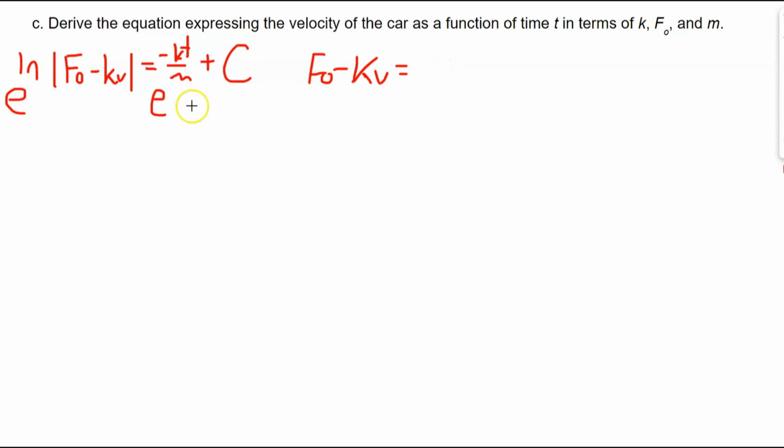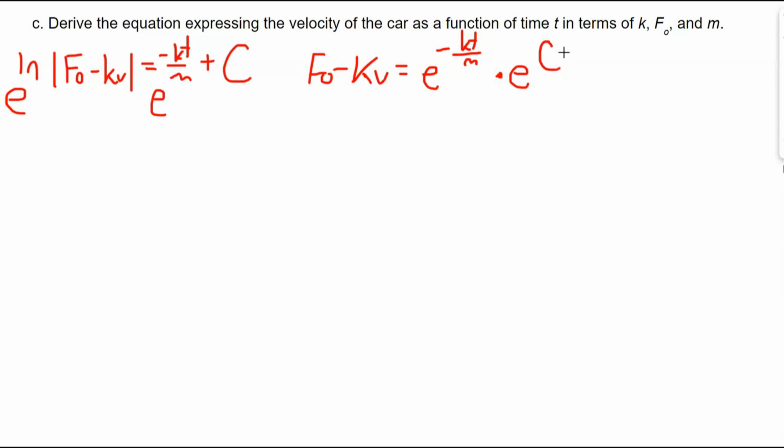equals, and now this is where the trippy math comes in. If I exponentiate an expression like that, and it's separated with a plus right here, then I can separate it into two terms with the same base exponentiated between each of the terms. So it's going to look like e to the negative kt over m times e to the power of c.